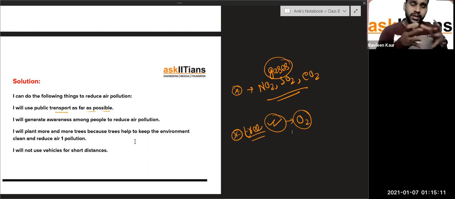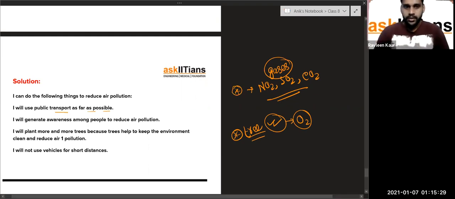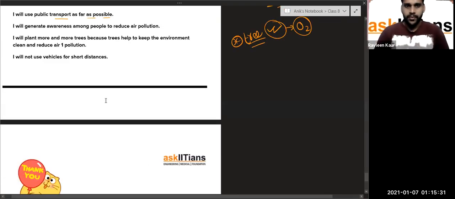But if you can take other means to reach there, please do that. Don't increase the pollution by taking your own vehicle or motorbike. You can do other measures as well.